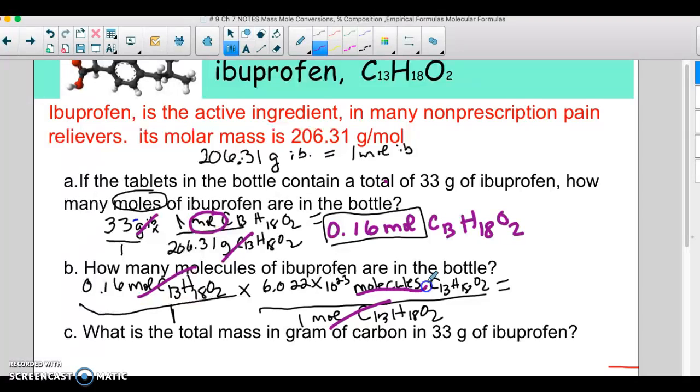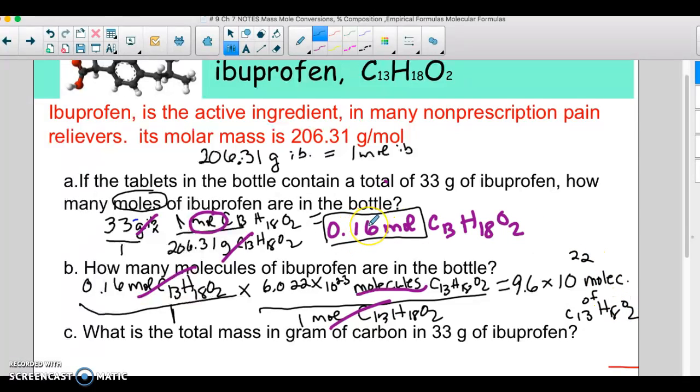I end up with molecule. On my calculator, I'm going to take 0.16 times 6.022, and then I would use your EE and then just put the 23 in. When you do that, you're going to get 2 sigs, 9.6 times 10 to the 22nd molecules of C13H18O2.